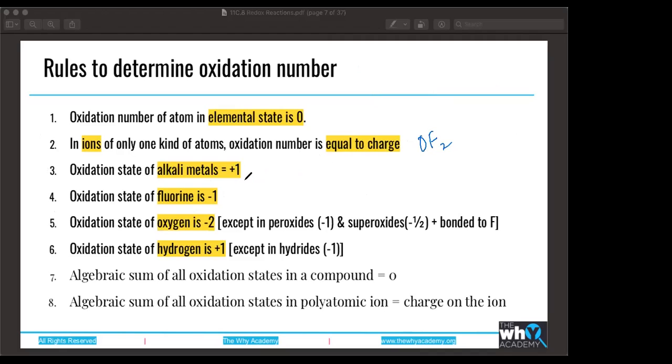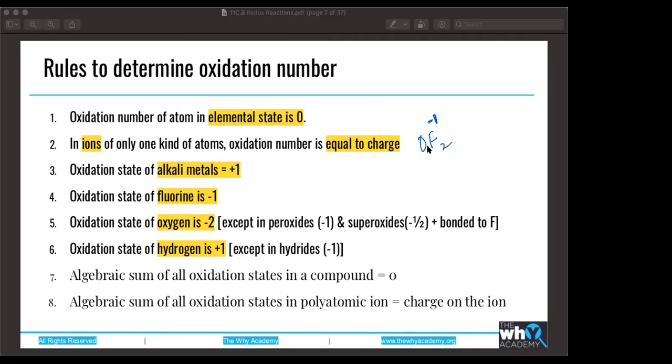If there is fluorine, assign fluorine -1 first, because fluorine is the most electronegative element that you will find in the periodic table. So fluorine will always take -1. It will never ever show a positive oxidation state. After that, you can look at assigning all the other oxidation states. Here there is nothing except oxygen and fluorine. So fluorine gets -1.